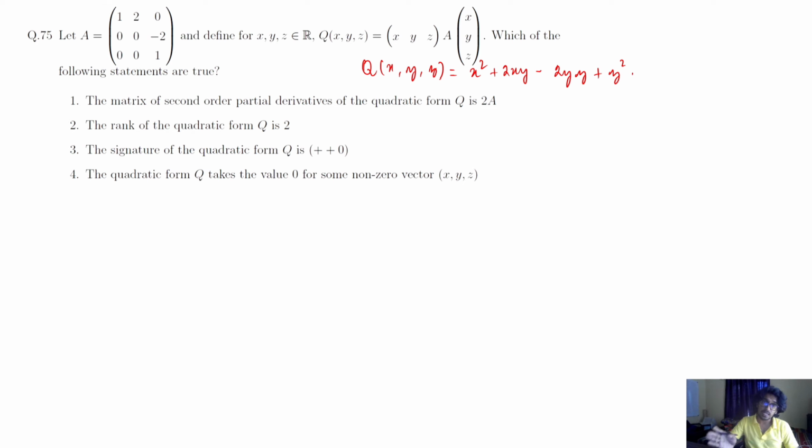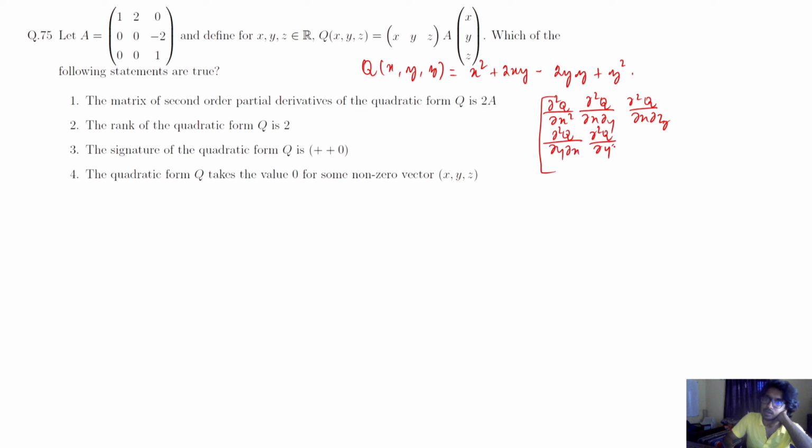The matrix of second order partial derivatives of the quadratic form, which means the matrix they are talking about, is del square q upon del x square, del square q upon del x del y, del square q upon del x del z, and del square q upon del y del x, del square q upon del y square, del square q upon del y del z, del square q upon del z del x, del square q upon del z del y, and del square q upon del z square.